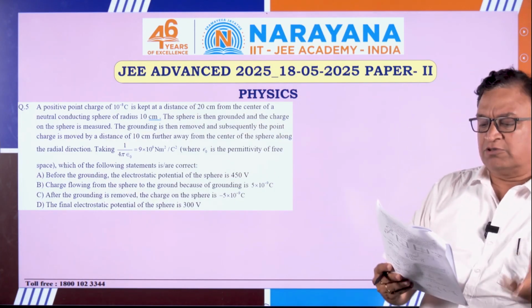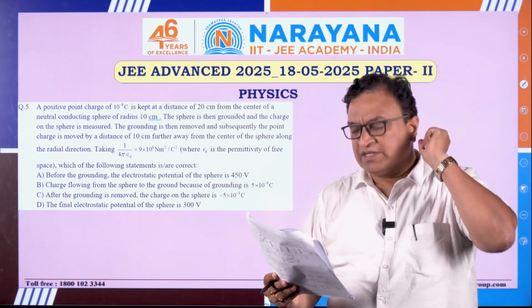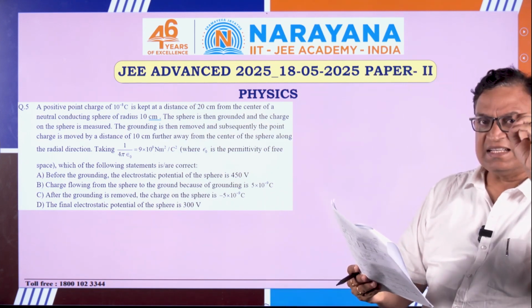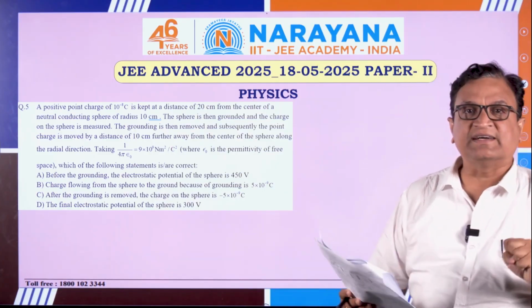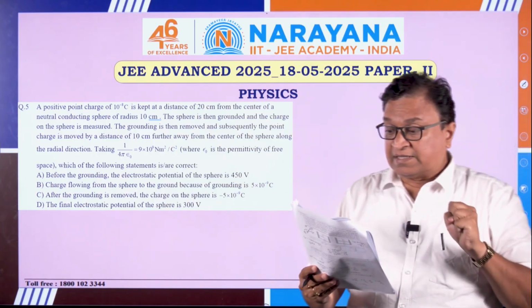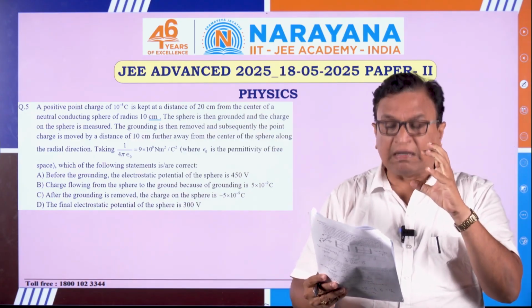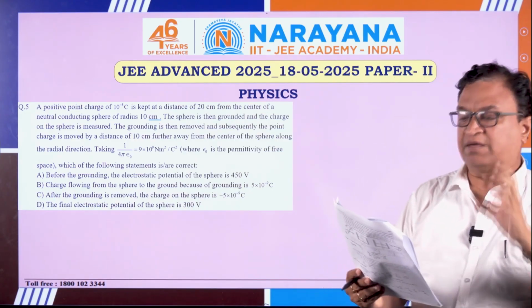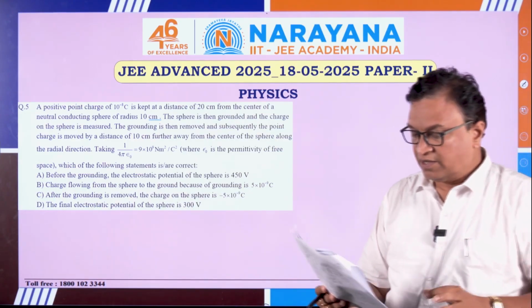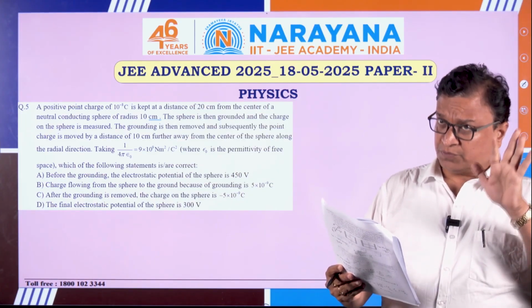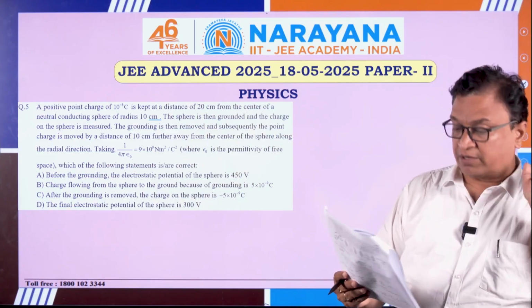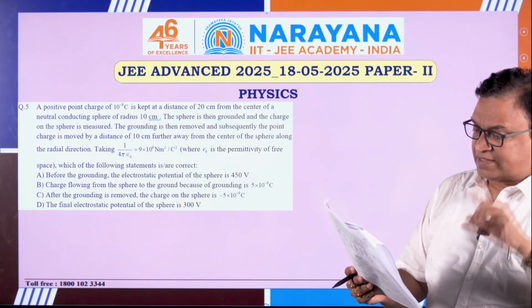You have a positive charge whose magnitude is 10 to the power of minus 8 C, kept at a distance of 20 centimeters from the center of a neutral conducting sphere of radius 10 centimeters. The sphere is then grounded and the charge on the sphere is measured. The grounding is then removed.